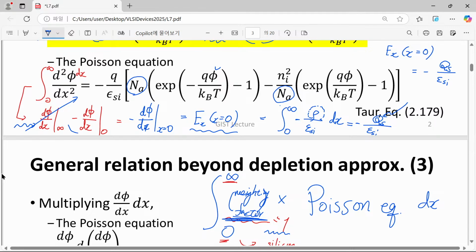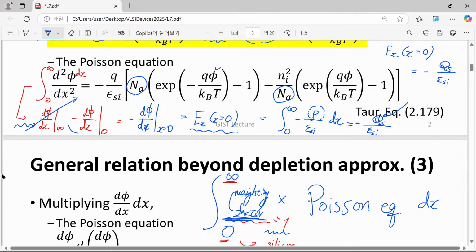On the other hand, if we have net neutrality inside the semiconductor, then the surface field will vanish. It's quite simple. We have a one-to-one correspondence between our surface electric field and the entire amount of charge in the semiconductor region. That is so trivial.